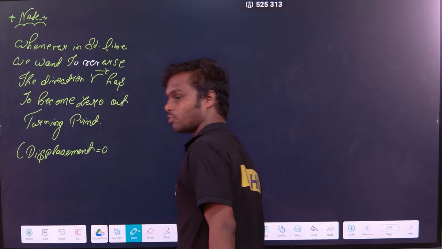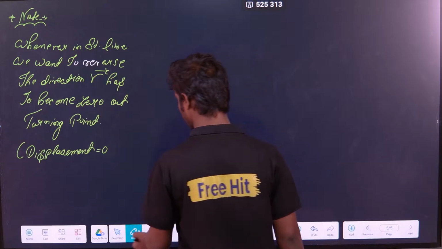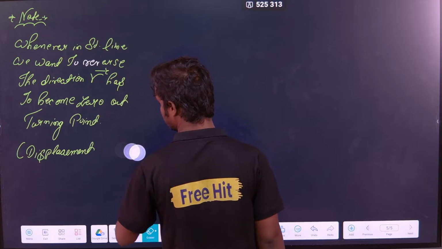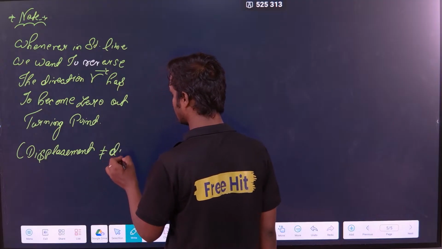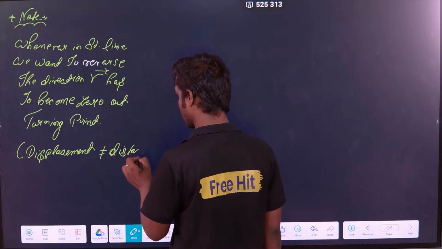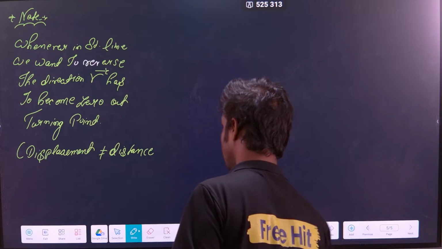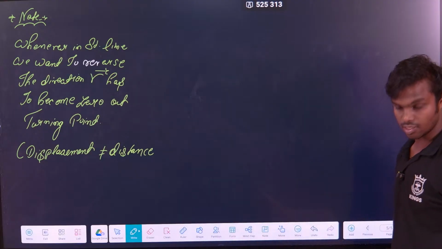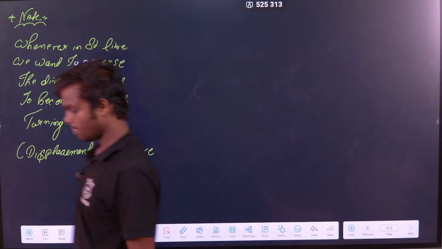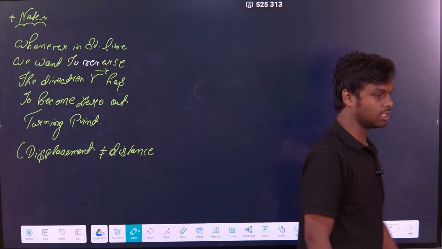Now my initial point and final point, you can see, are the same. So the displacement is 0, but it is not always necessary. So we can say that displacement cannot be equal to distance in this case. I may stop here also, then there will be some displacement like this. So this can be possible. Means I start moving from here, I went here, I stop there, then I turn, and then I move and again come here.